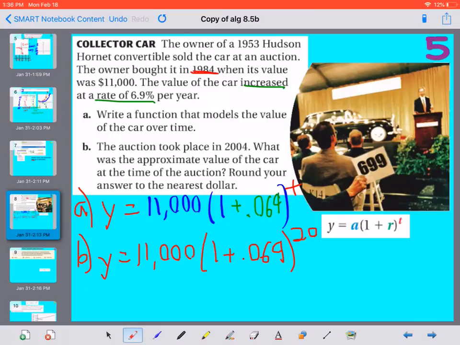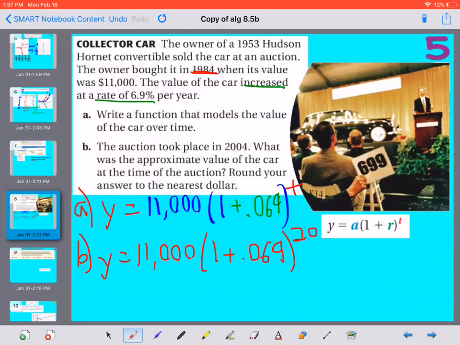So what we need to do then is put this into our calculator to figure out our answer. We would have 11,000 times, in parentheses, make sure you write it exactly as you see it on your paper, 1 plus 0.069 raised to the power of 20.